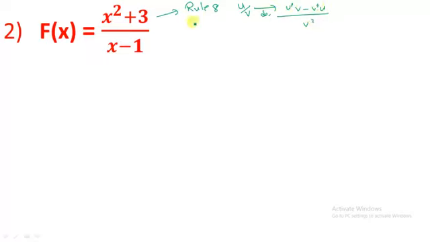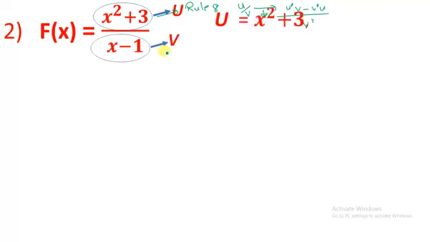So I will suppose the numerator x squared plus 3 to be u, and the denominator x minus 1 to be v. I still need to find u prime and v prime to apply my rule.